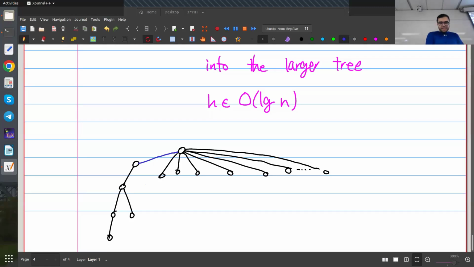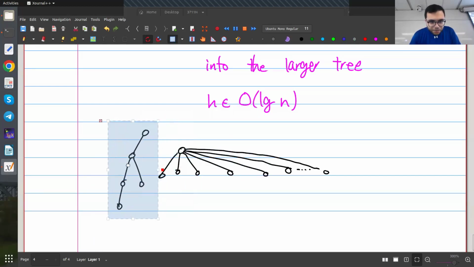But you can also see that this is not optimal, right? Because I don't really care about the number of nodes. I actually care about the height or the depth of the tree. So it actually makes sense to always merge the tree with the smaller height into the tree with the larger height. So in this case, it would make more sense if I take this one and make its root the root of everything.